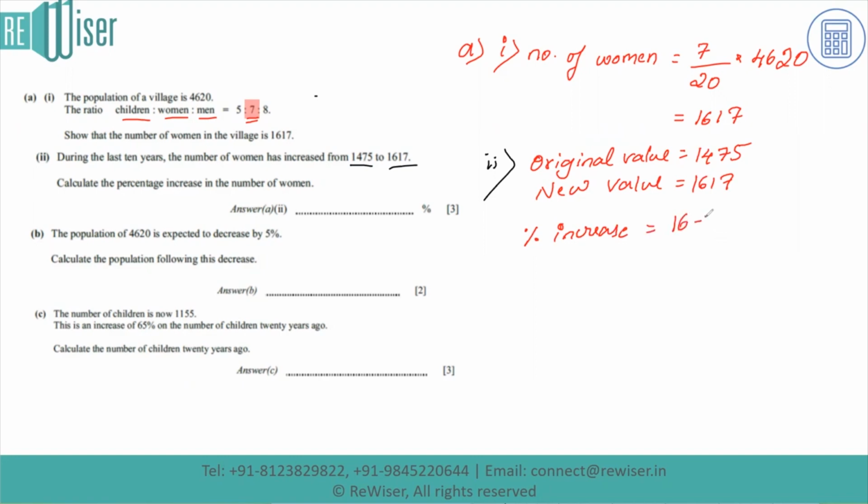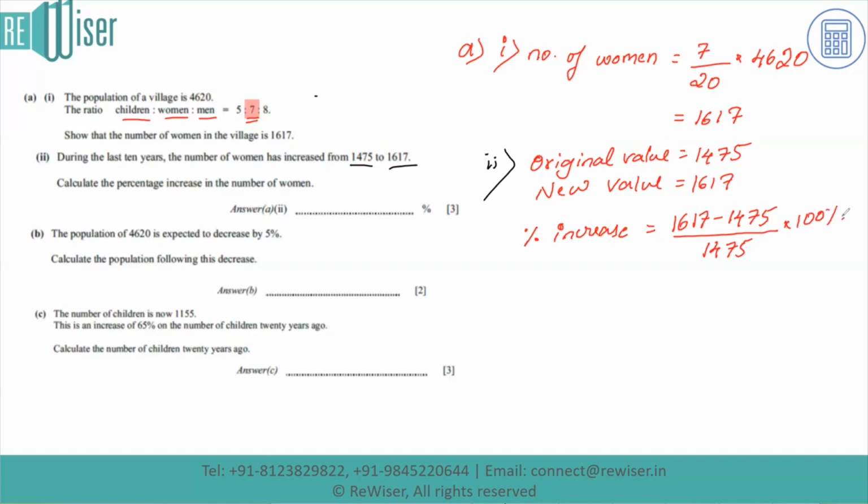Which is 1617 minus 1475, and this entire thing divided by the original value, which is 1475. And this one we need to multiply with 100 to get it in terms of percentage.